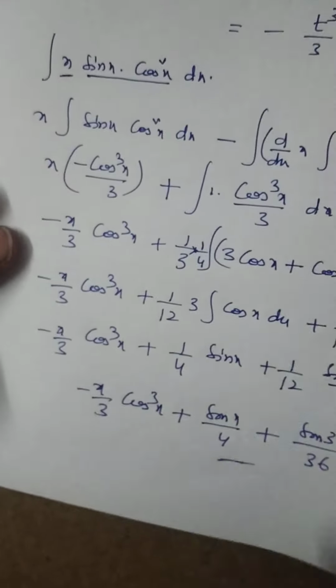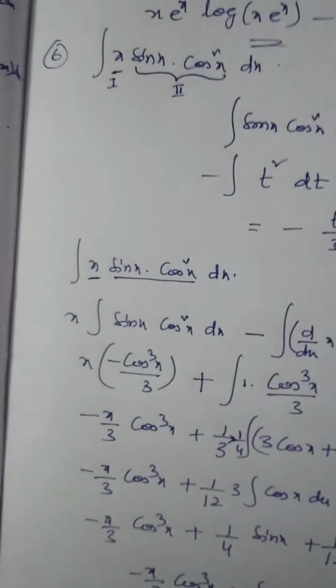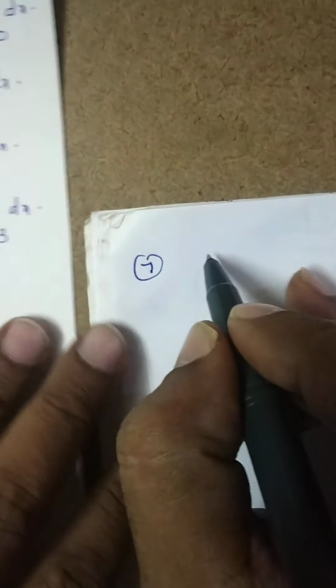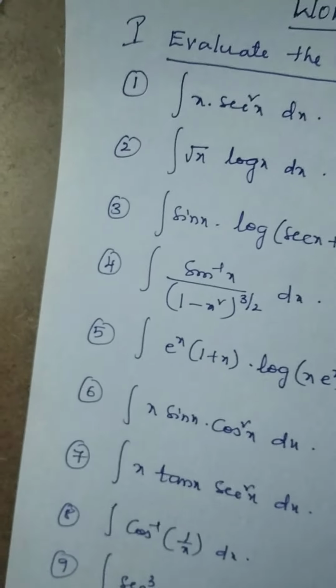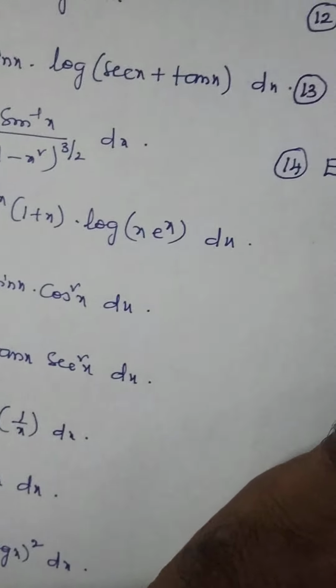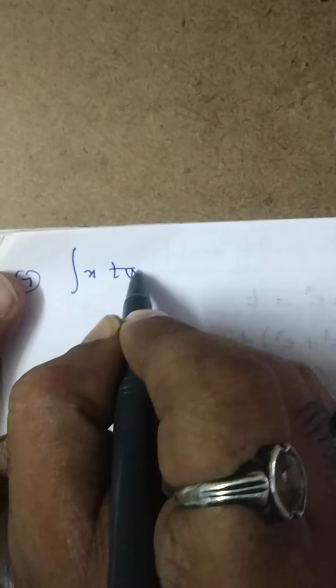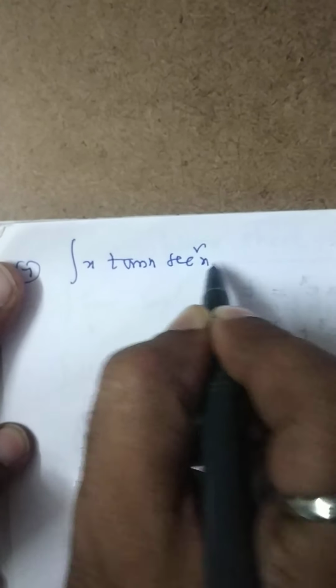Okay. Next, similarly, question number 7: integration of x into tan x into secant square x dx.